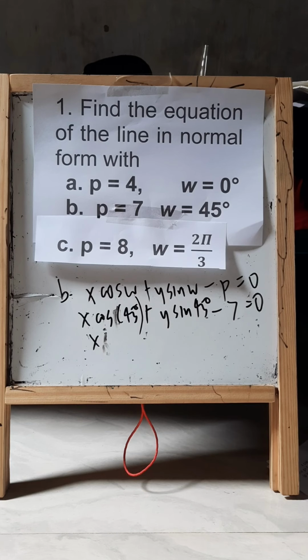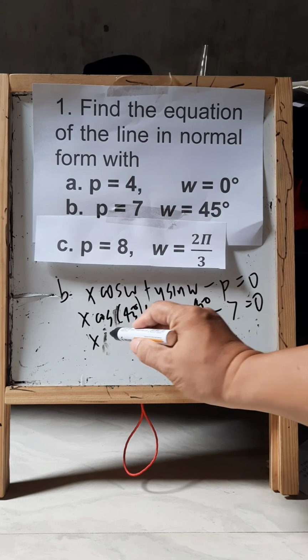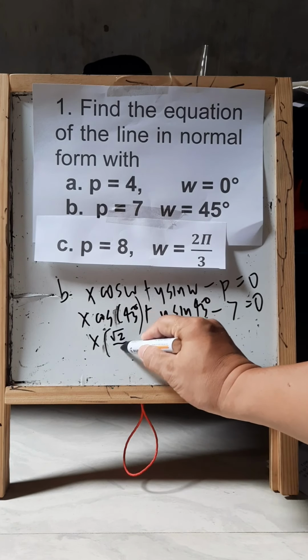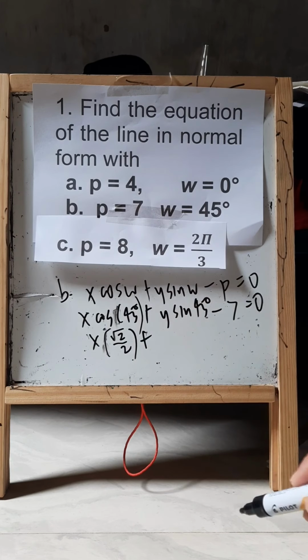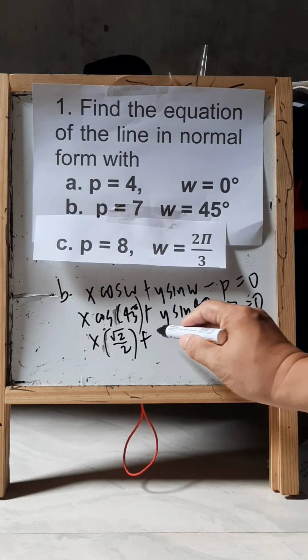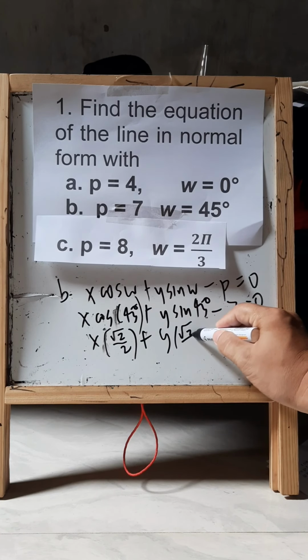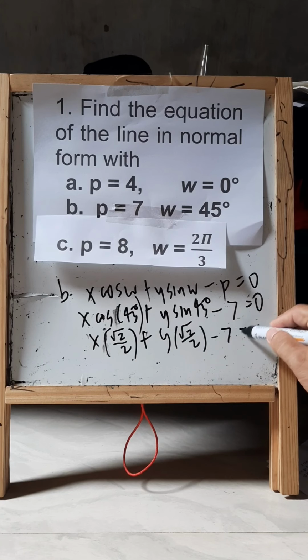Cosine 45 is equivalent to square root of 2 over 2. How about sine 45? Sine 45 degrees is also equal to square root of 2 over 2, minus 7 equals 0.